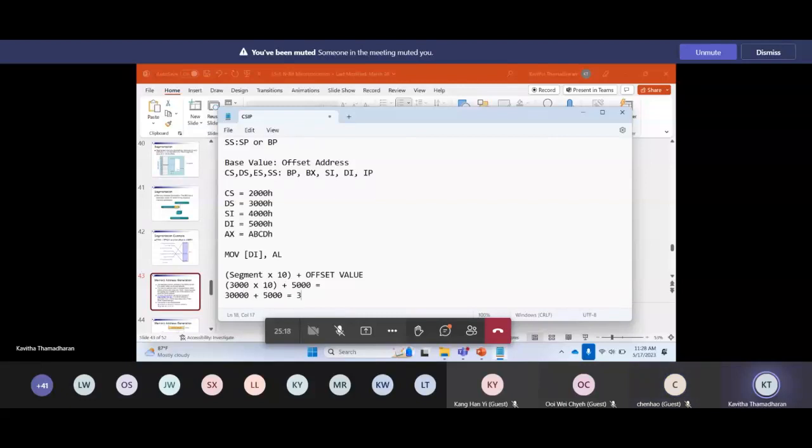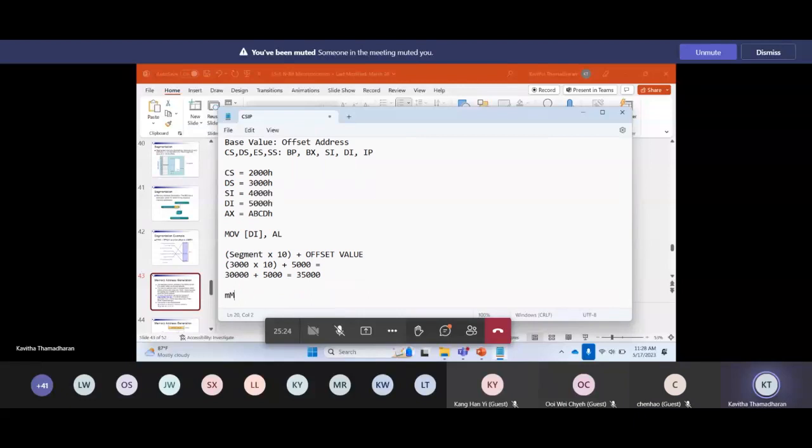Now, my physical address of this is 35,000. So we already found the 20-bit memory address, which is 35,000 hexa.